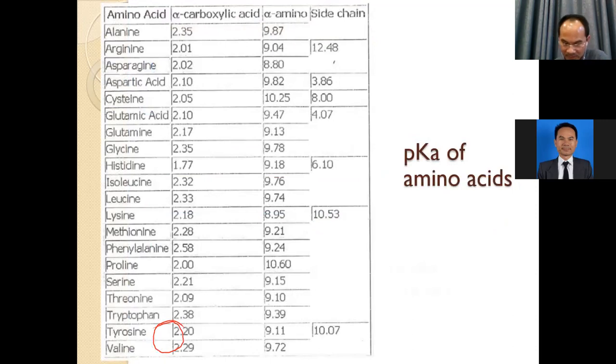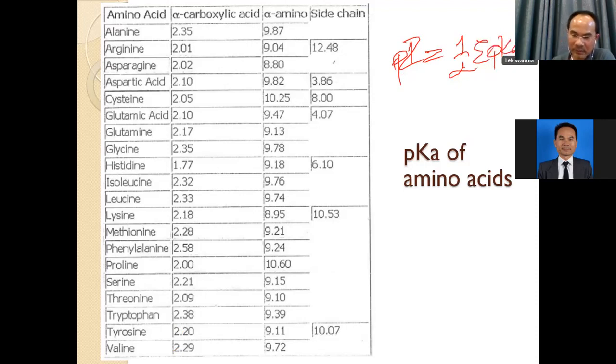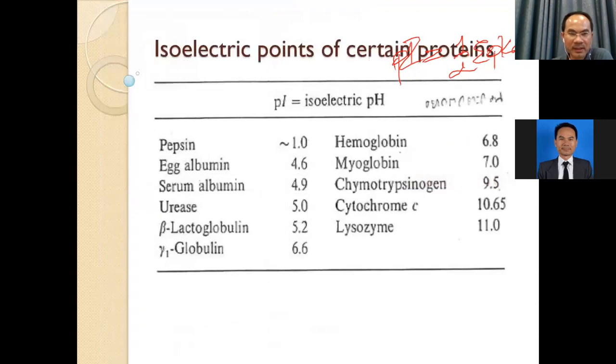Here I give some examples of pKa of amino acids, because pI of an amino acid equals a half of the summation of pKa. You can calculate pI from the summation of pKa and divide this by 2.